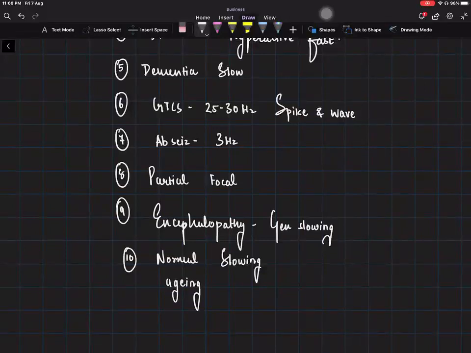So you do need to essentially take the clinical and blood tests and everything into consideration. That's when you will reach a diagnosis. I hope that helps, because that's all I can say as far as the EEGs are concerned.